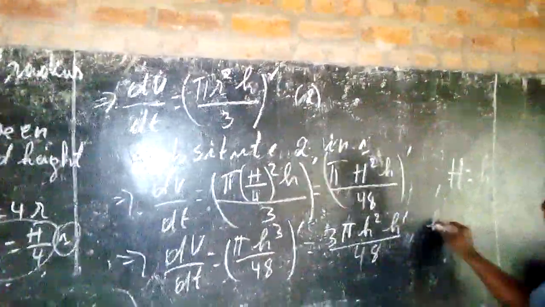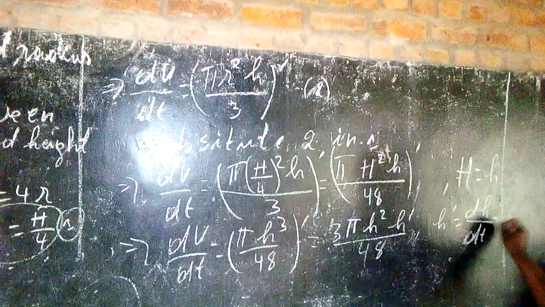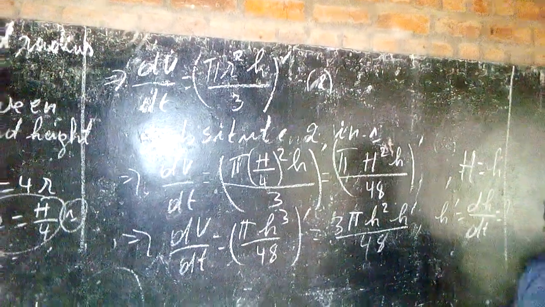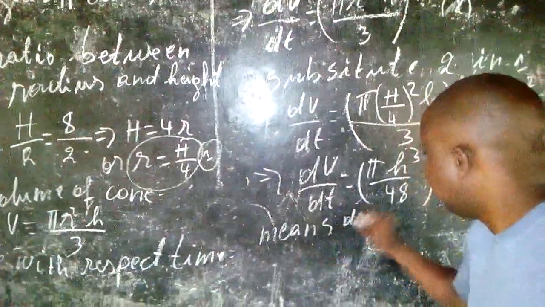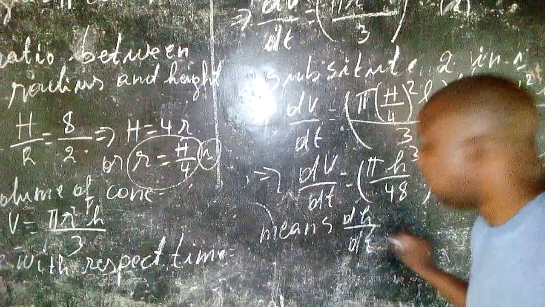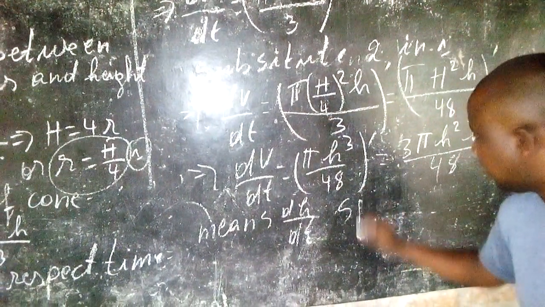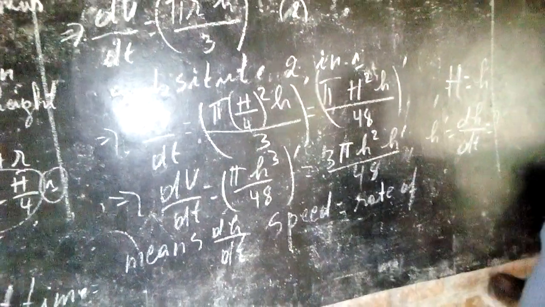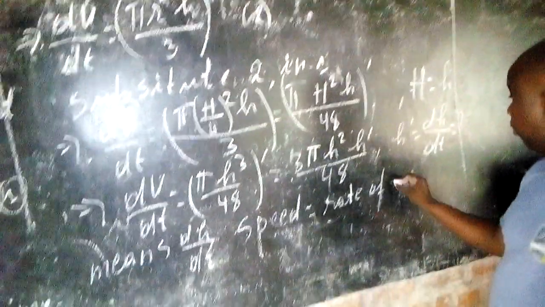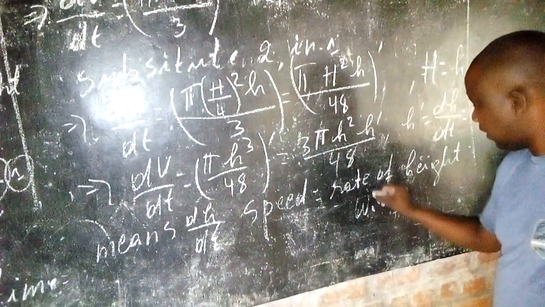This derivative of h is dh over dt, which is unknown. It means dh over dt is the rate or speed, the rate of change of height with respect to time.